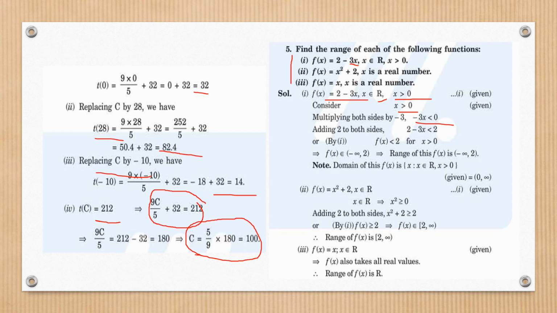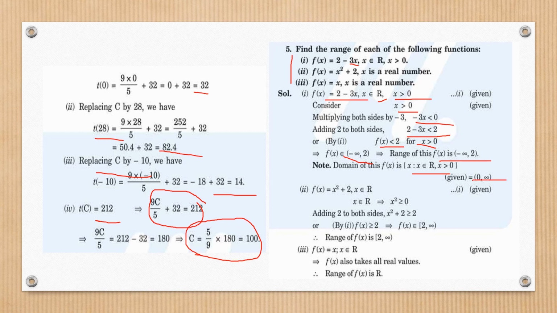Now add 2 to both sides so that I can make it 2 - 3x. So it becomes 2 - 3x < 2. That is my f(x), which is less than 2 for x positive, right? So f(x) strictly less than 2 is actually the range, which means it belongs to the open interval (-infinity, 2). So this is my required range and the domain is x greater than 0, that is from 0 to infinity.